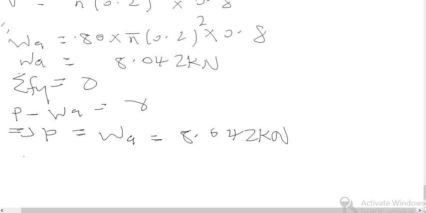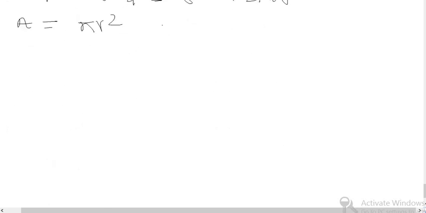Now, for us to get the stress, we need to find the area, which is equal to pi r squared. Therefore, this is equal to pi into 0.2 squared.